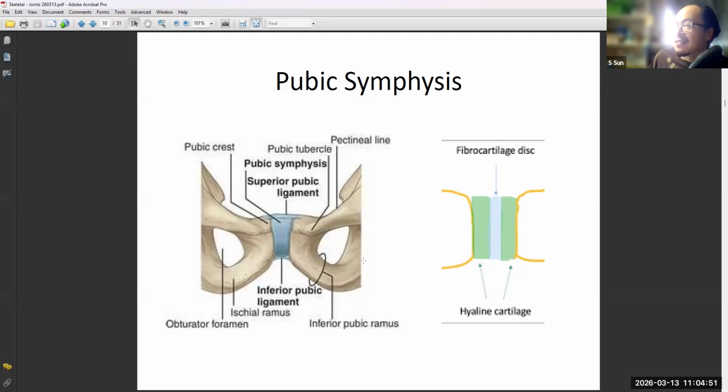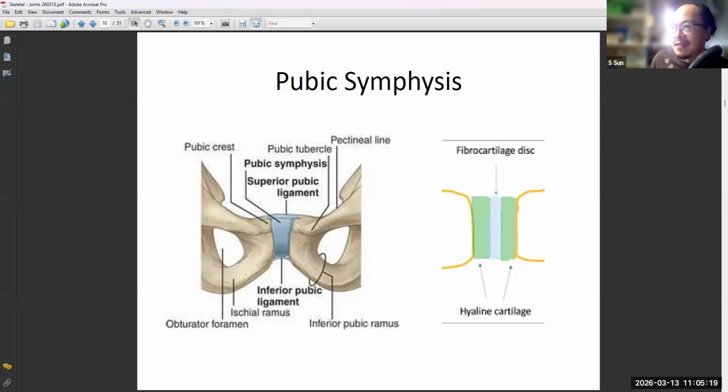In this joint, it's not just by itself, it also has the ligaments, as I mentioned earlier. There are ligaments and tendons to support the joints. So you have the superior pubic ligament, the inferior pubic ligament, and here is just the remaining part of the bones. This is just a review of what we learned already.